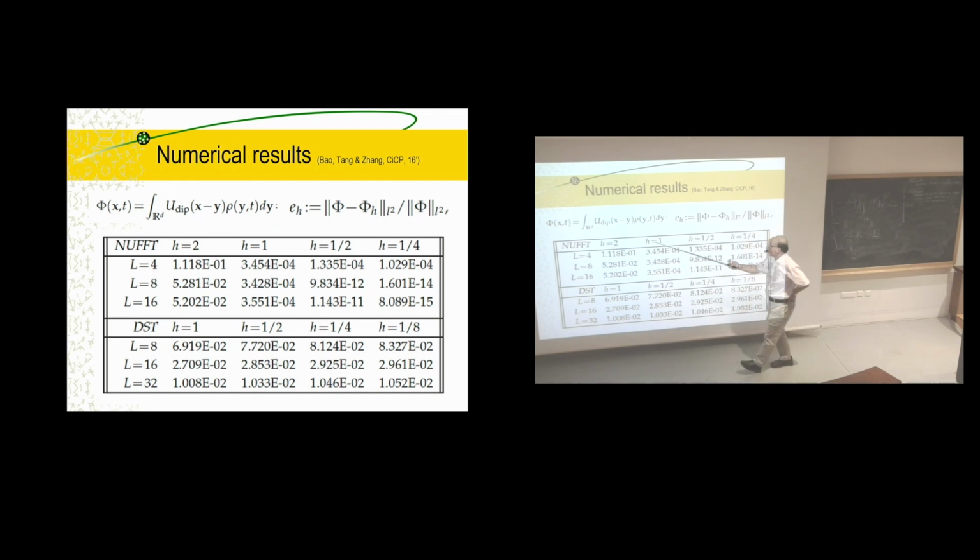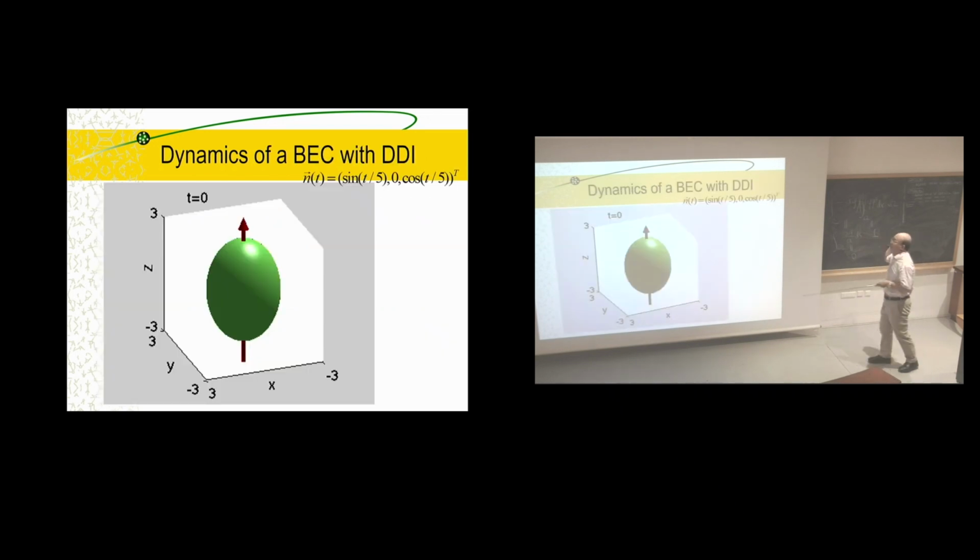When h goes smaller, they achieve spectral accuracy very quickly, and as long as L is not too small, they converge for different h very quickly. However, if you do direct convolution with FFT, you get even worse results. Even with DST, you see convergence only when L is very large. So this shows a comparison.